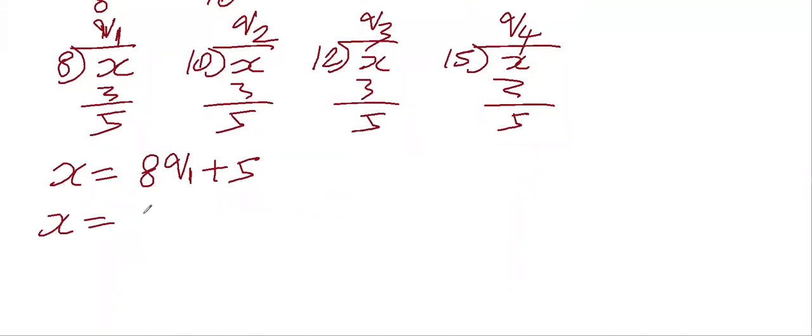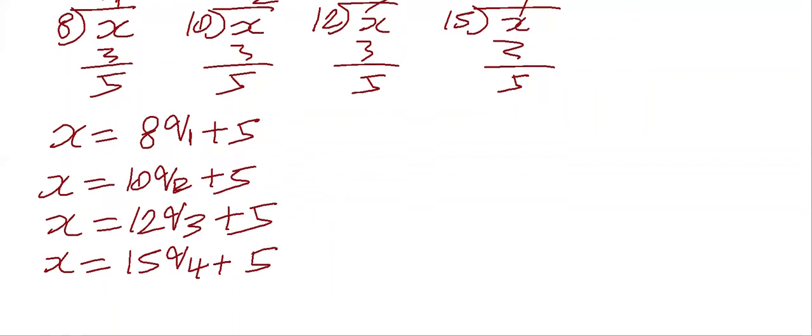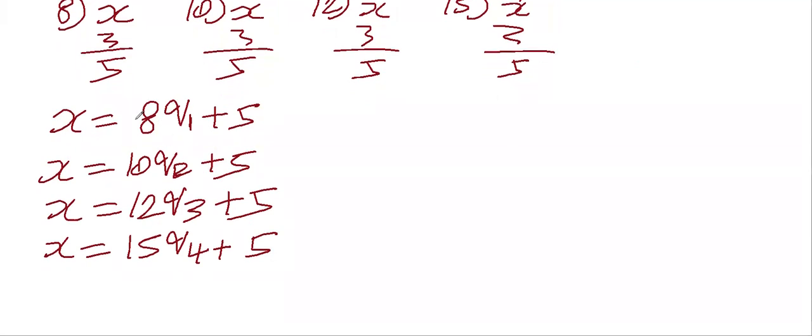Similarly, in the next case I will have 10q2 plus 5, then 12q3 plus 5, and in the fourth case 15q4 plus 5. With this I have understood that I will take the LCM of these numbers.